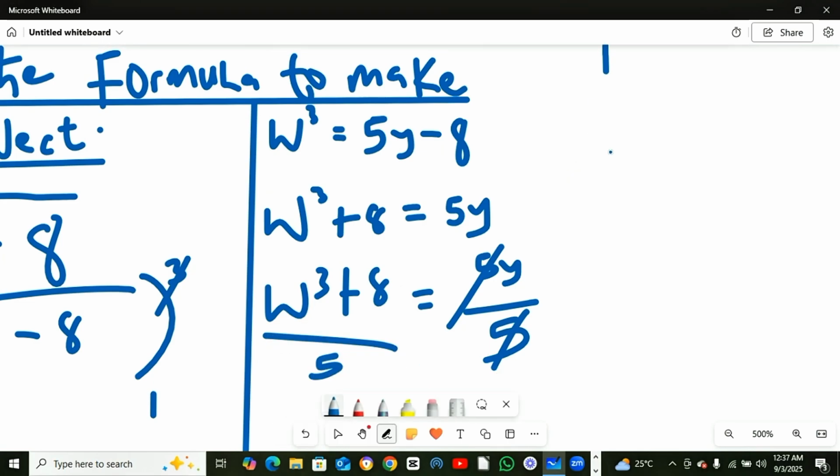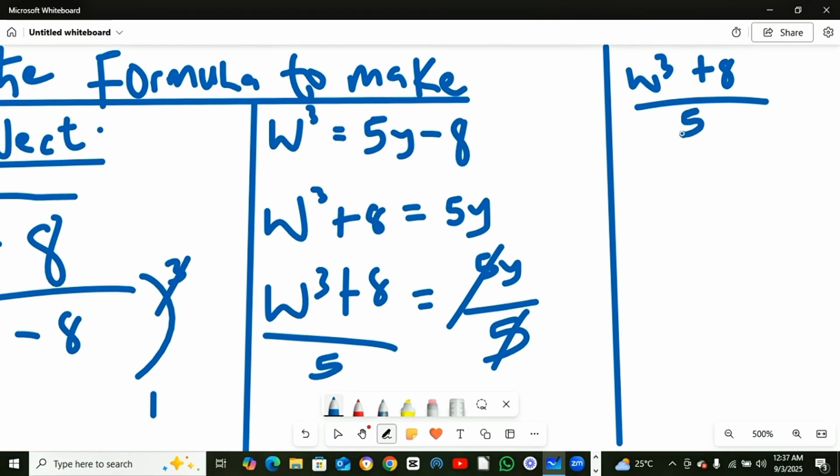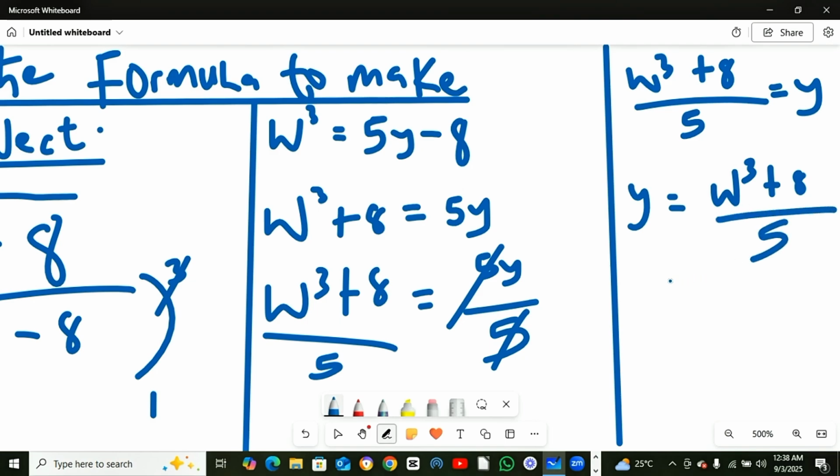And so we're going to have w cubed plus 8 over 5 equals y. So this is the answer. So y equals w cubed plus 8 over 5. So this is the answer.